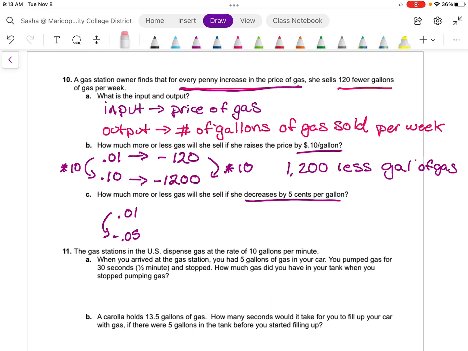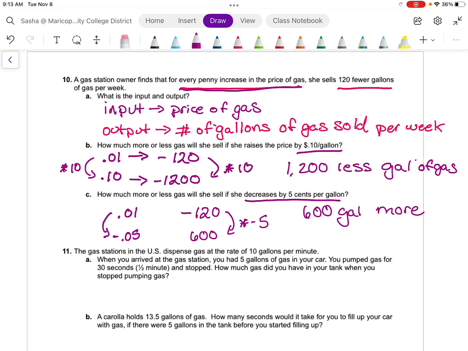While normally her gas sold decreased, if we're going down 5 times the amount, I'd end up actually increasing the amount of gas she sold. And so 5 times 120 would end up being 600, and she would sell 600 gallons more.